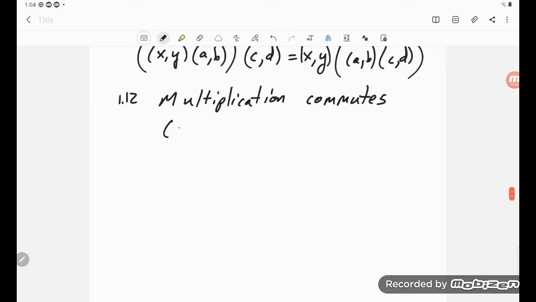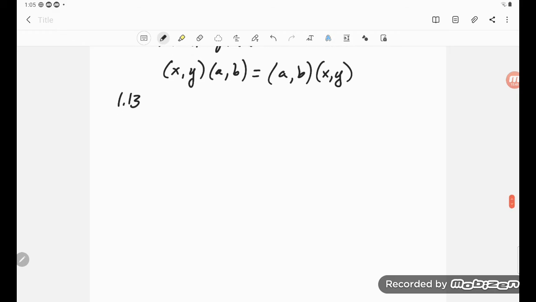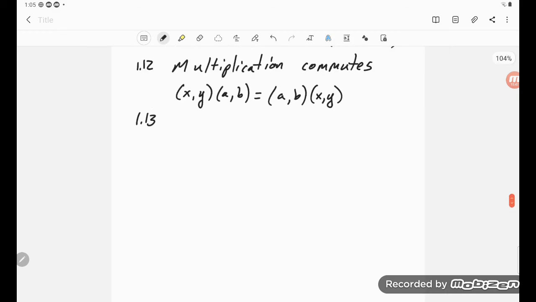And so there we're just saying, if I've got (x, y) times (a, b), that's the same as (a, b) times (x, y). 1.13, (1, 0) is the multiplicative identity.